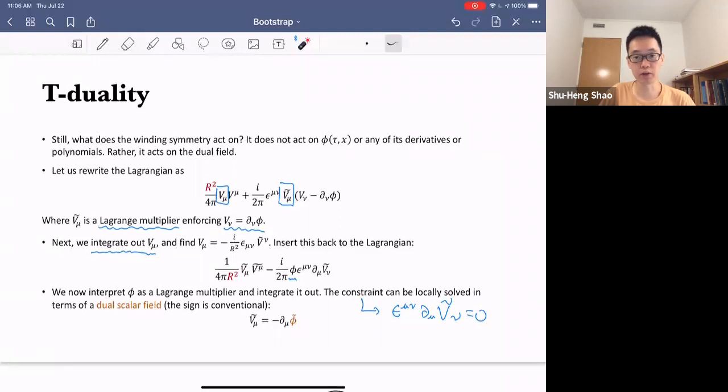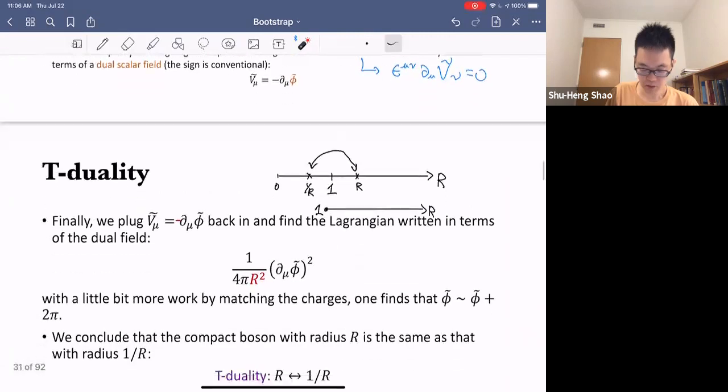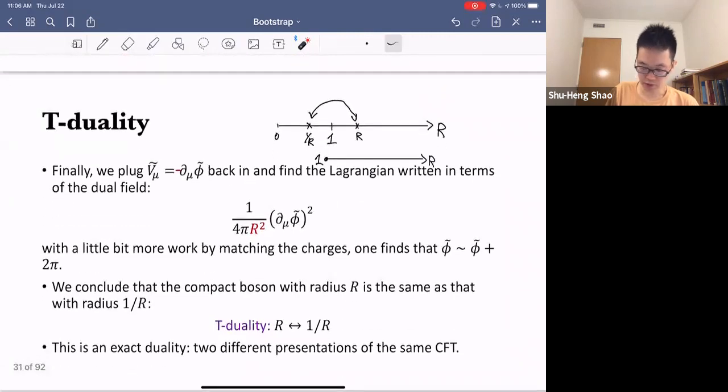At each step, we integrate in some field and then integrate out some other fields. Every step is completely rigorous, and it's all at the quadratic level. That duality transformation takes you from radius R to 1 over R, meaning that the compact free boson at radius R is the same CFT as the compact free boson at radius 1 over R. These are just two different presentations of the same underlying CFT.